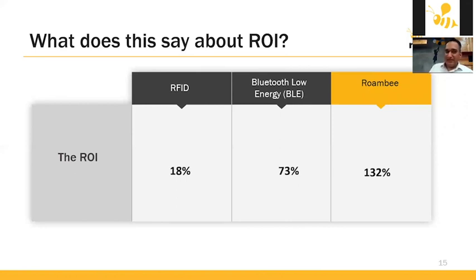And this is where Roambee's return on investment as well as convenience comes into play. No site visits, no infrastructure, and a lot higher ROI than you could possibly expect with the other two technologies.